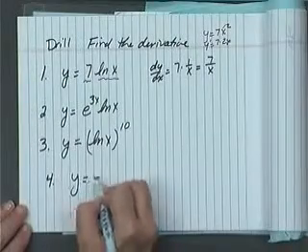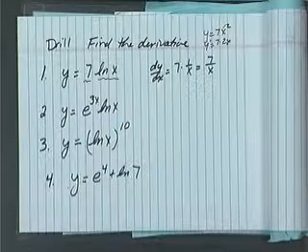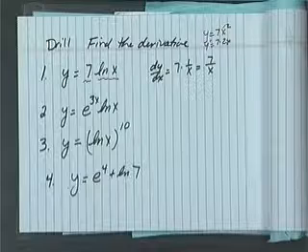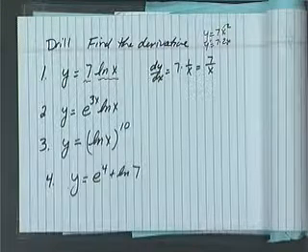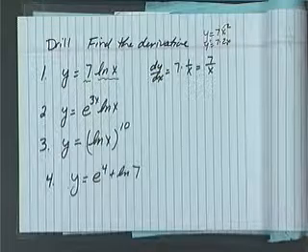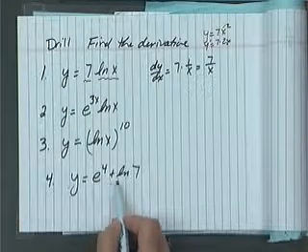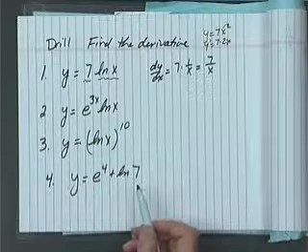Would you pass that back? Thanks. Number 4. Everybody get it right? Number 4. y equals e to the 4th plus natural log of 7. y equals e raised to the 4th plus natural log 7.